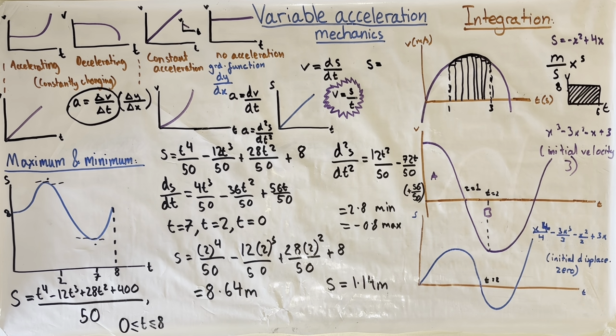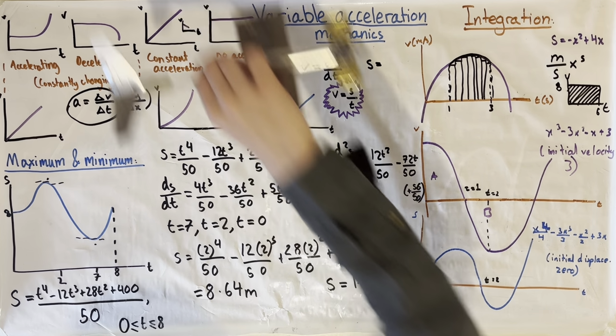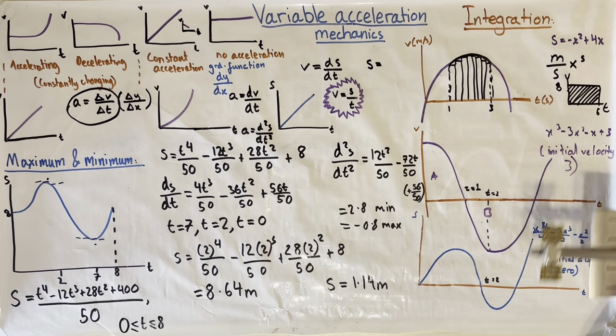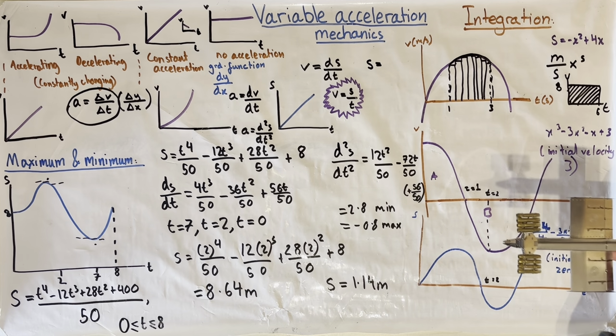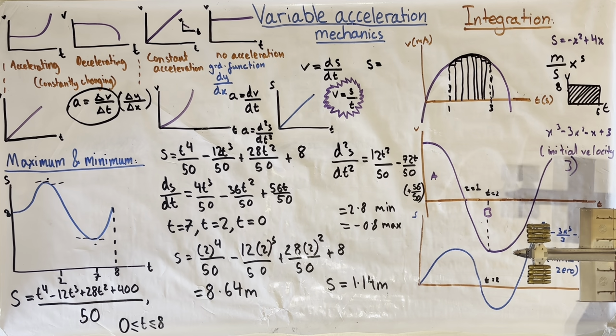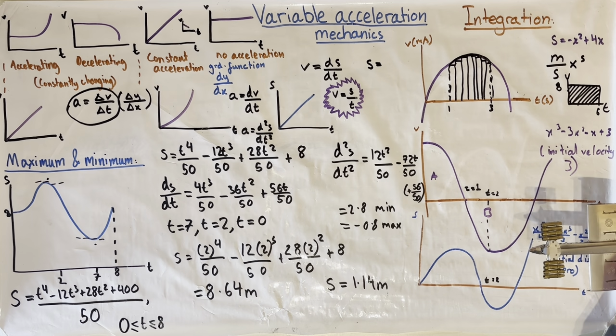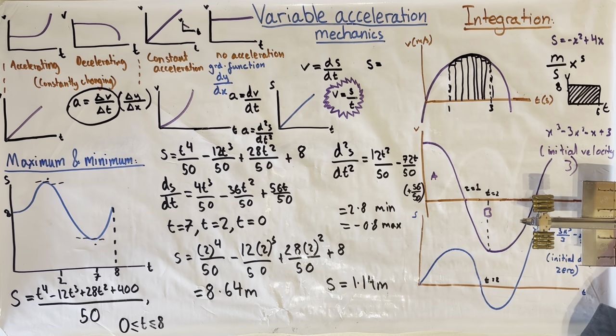Which means that if we want to find out the displacement of an object, we want to find the distance from a point. So if we get our plane back, let's say our plane starts off with a velocity of 3 meters per second and an initial displacement of 0 from this point here.